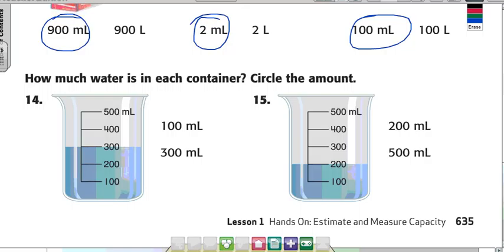And then the last ones, 14 and 15: how much water is in each container? Number 14, 300. The line goes all the way up to 300. And 15? 200. All the way up to 400, to 200. I'm just reading the side of the container.